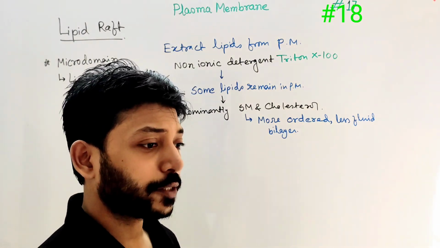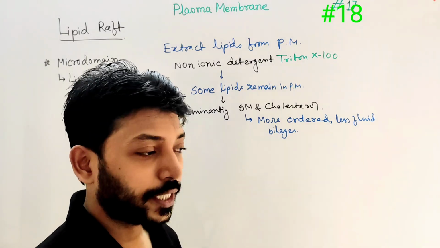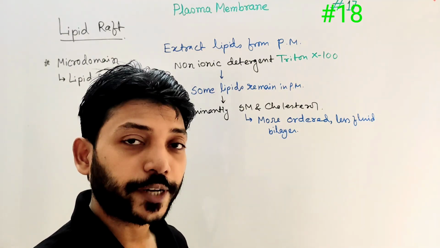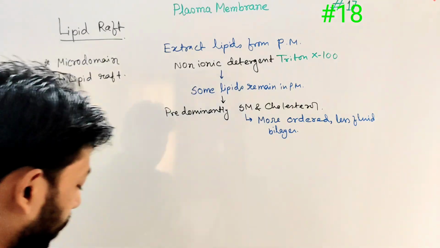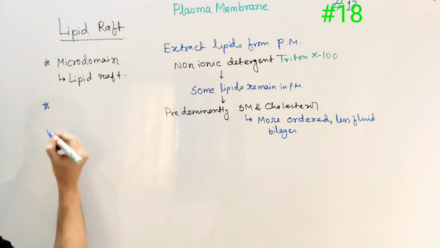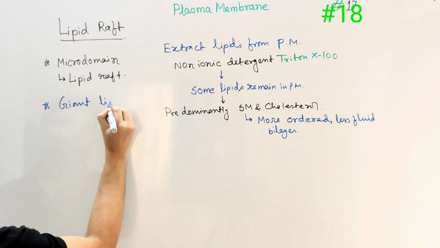Now scientists performed another experiment that gives another hint about whether lipid rafts are present or not. In this experiment, scientists made a giant liposome. Now what is a liposome?